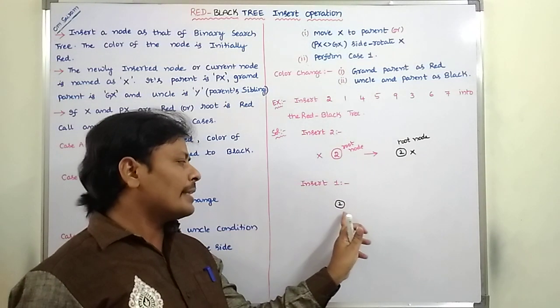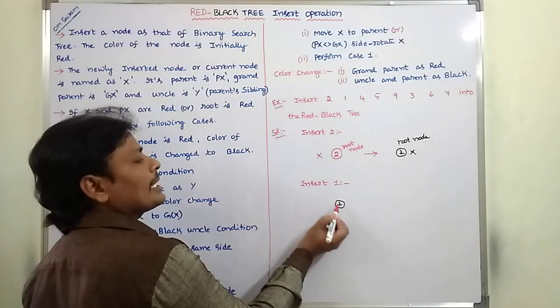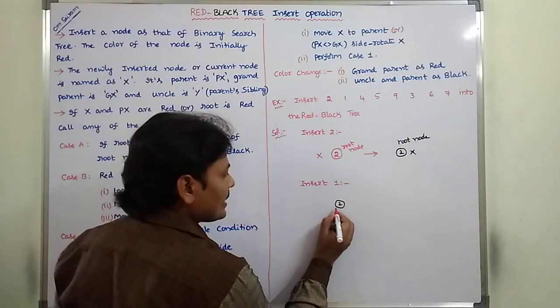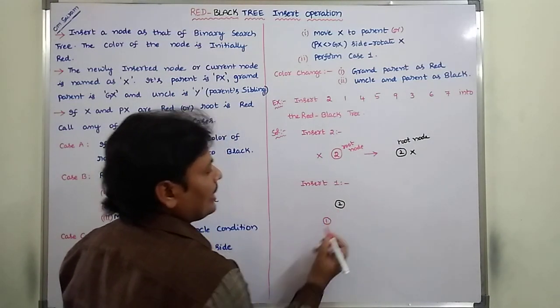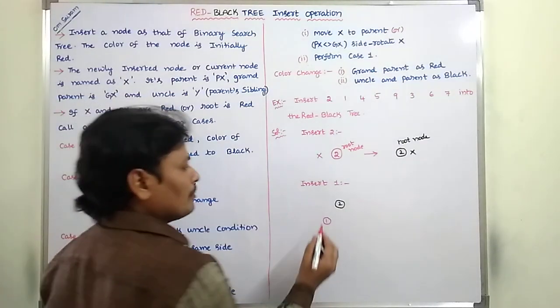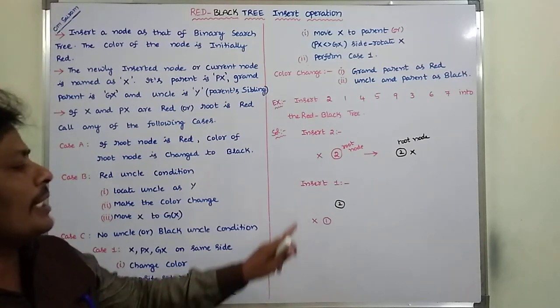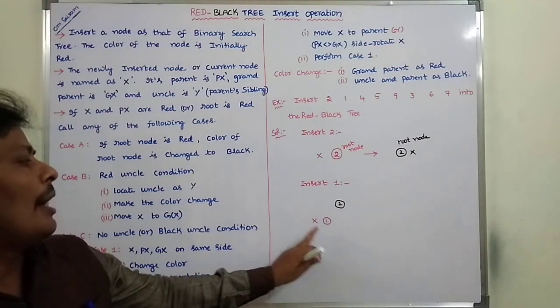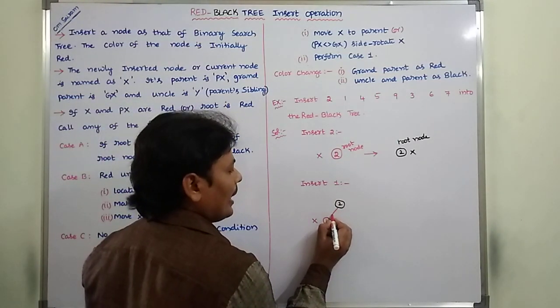If it is greater than the root node, it goes to the right subtree. So here 1 is compared to 2. It is less than 2, so 1 is inserted at the left subtree. It is denoted by X, because any node inserted into the red black tree is a red node.